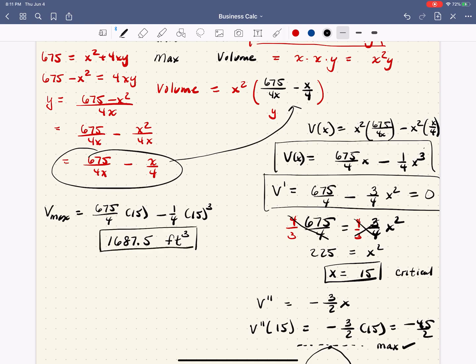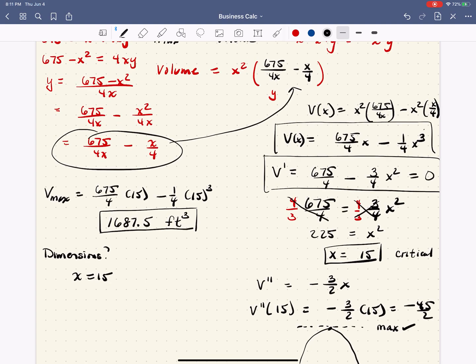Now, one step we could take further is, what if I ask for the dimensions? There's a lot of ways you can get there, but let's just try to keep it simple. We know that x is 15, so that means the dimensions of the base are 15 feet apiece. So the question is, what is y? Well, we have a couple ways to do it.